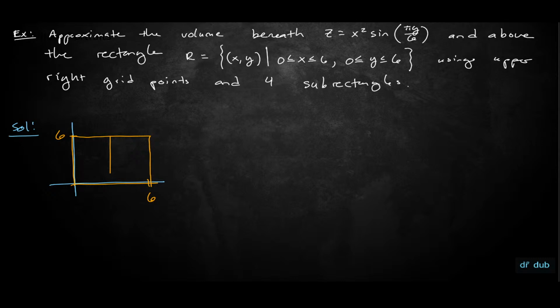For R3, we use the point 3, 6. And for rectangle 4, we use the point 6, 6. So these are our upper right grid points.